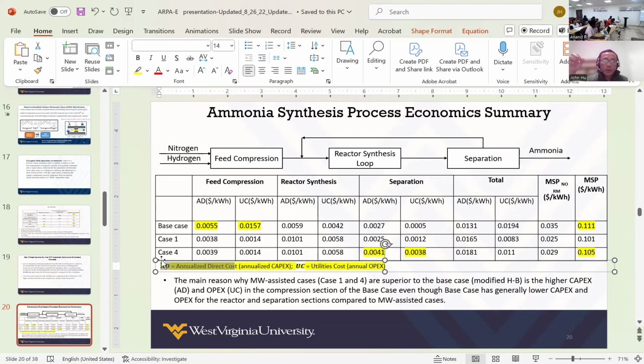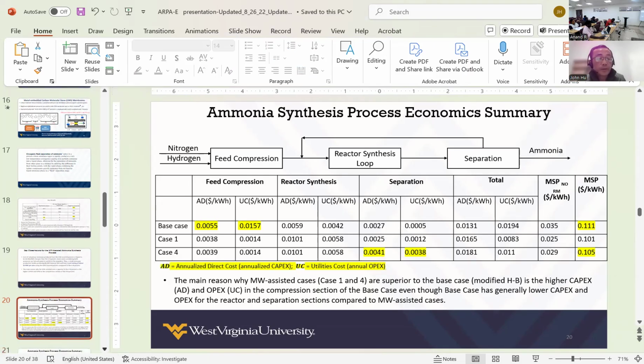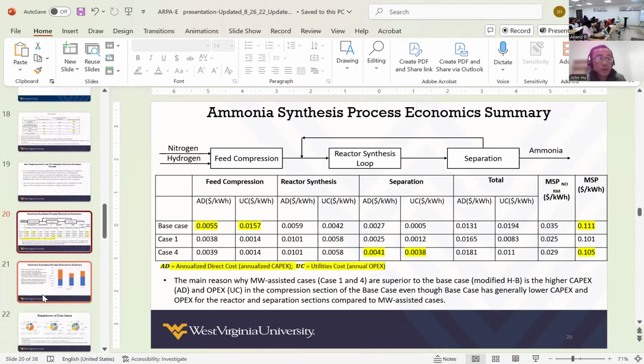But over the years, when the value decreases, that's called your cost. Why is it the cost? It's more like you buy a brand new car, and after a couple of years, the value decreases. So your cost will be the depreciation. So this is called annual capex. Okay. So anyway, let's go to the result.